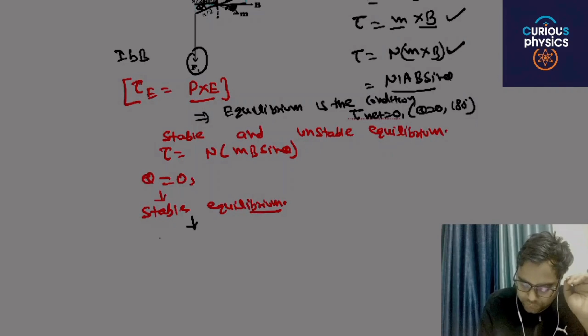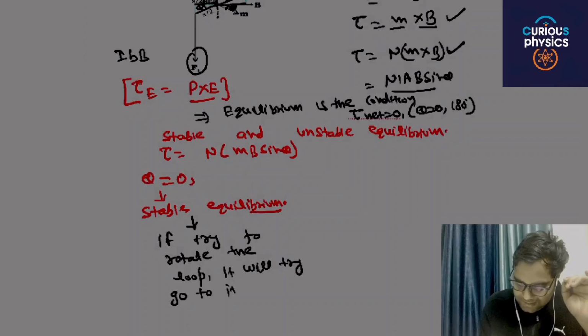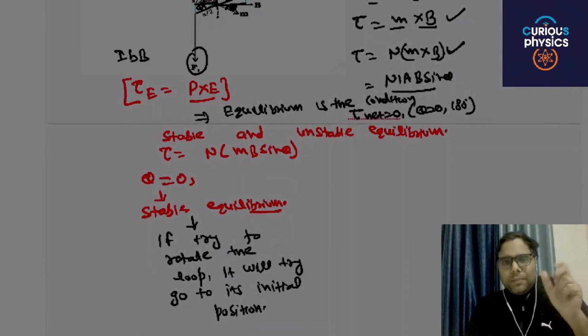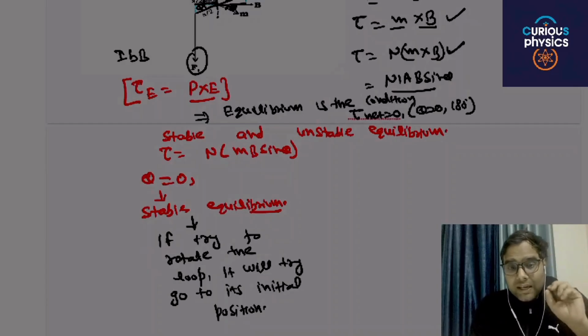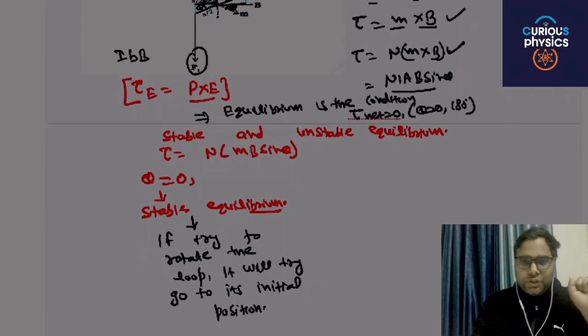If you try to rotate the loop by an external force, it will immediately try to go back to its initial position.